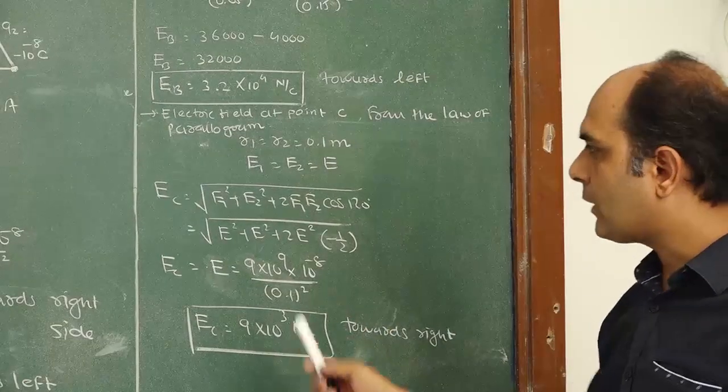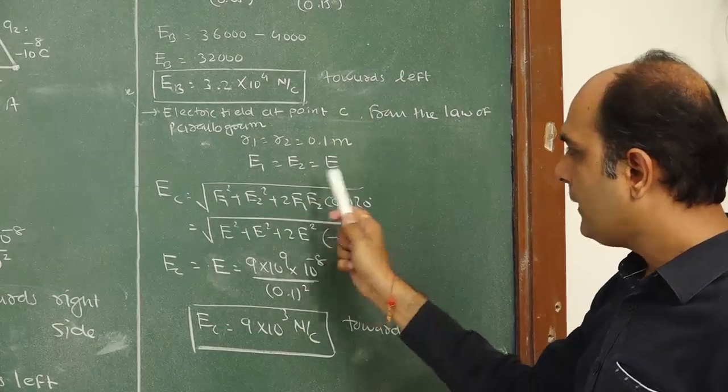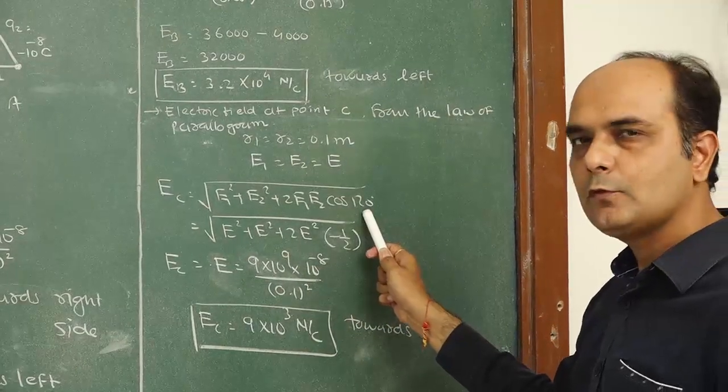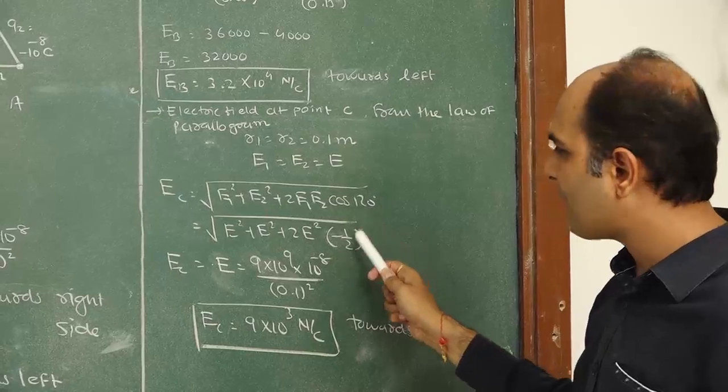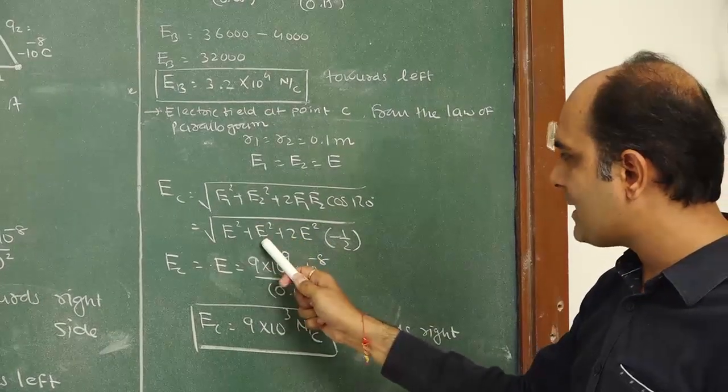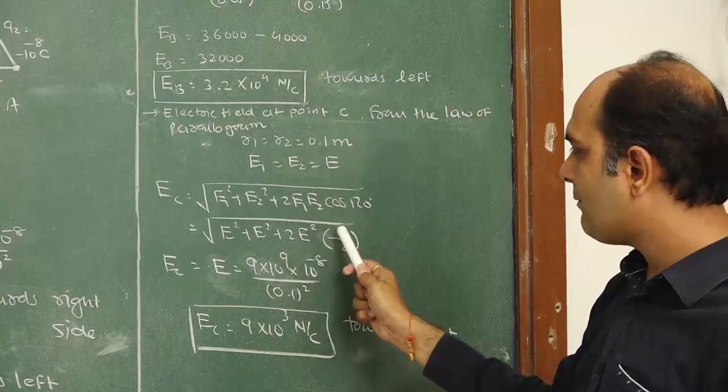Now from the law of parallelogram, EC is equal to the square root of E1 square plus E2 square plus 2 E1 E2 cos 120. We know very well that cos 120 is always minus 1 by 2. Replacing E1 and E2 by E, we get E square plus E square plus 2 E square into minus 1 by 2.